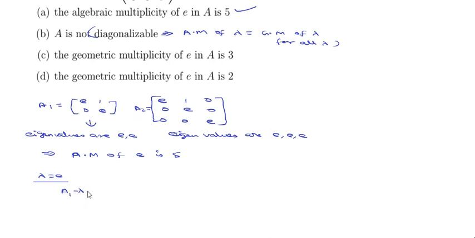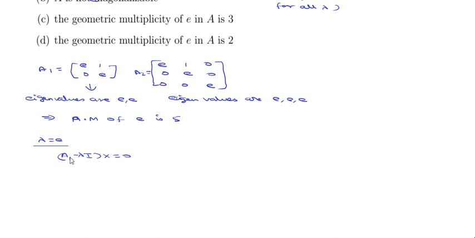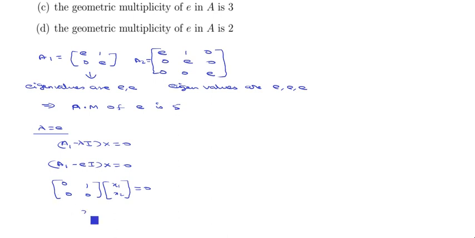Now let us find (A1 minus lambda I) x equal to 0. With lambda equal to E, A1 minus E I is [0 1; 0 0], and x is (x1, x2), equal to 0. When we solve this, we get x2 equal to 0 and x1 is some parameter r.